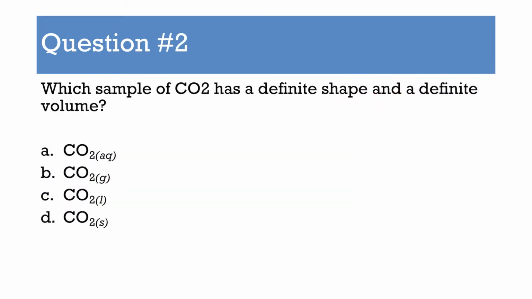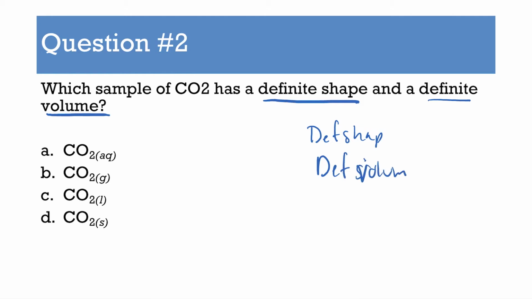Question 2. What sample of carbon dioxide has definite shape and definite volume? Well, let's think. What has definite shape and definite volume? That is the definition of a solid. These little letters tell you what phase of matter it is.